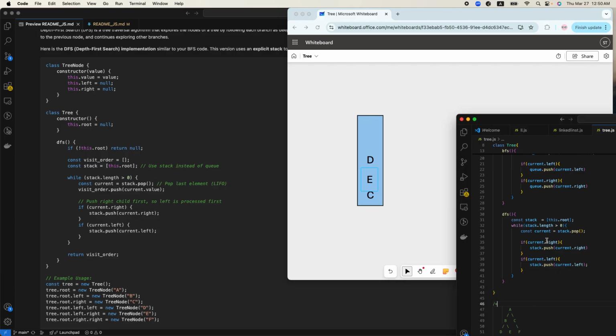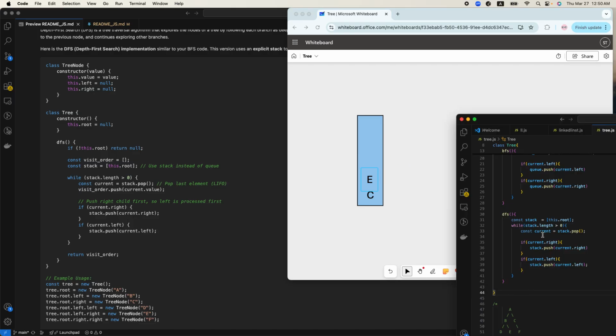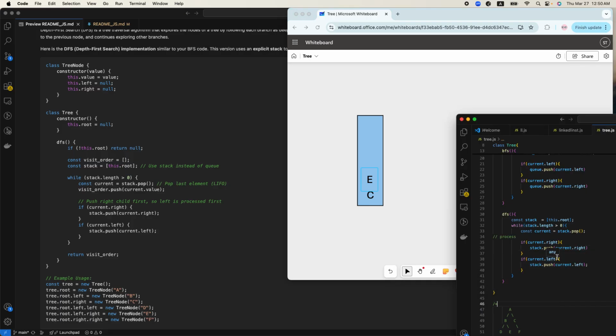So now the loop continues. This time the length is 3, again greater than 0. So we extract the last inserted node, which is D, and we remove that from the stack. Now we do our process here, whatever that can be, and then check, does it have a right child? D doesn't have a right child. It is the last one. How about a left child?